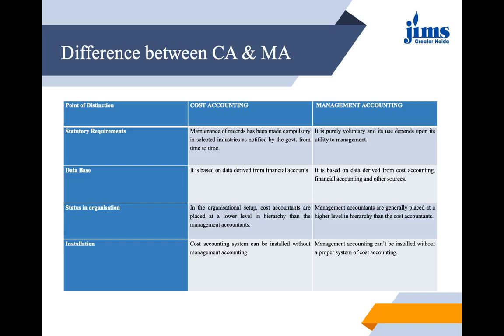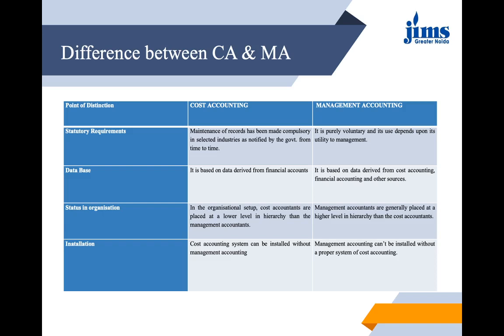In cost accounting, only very few industries which are notified under government notifications from time to time are supposed to produce the cost accounts, whereas management accounting is purely optional, purely voluntary, but its utility somewhere or other persuades organizations to perform management accounting and maintain the records.